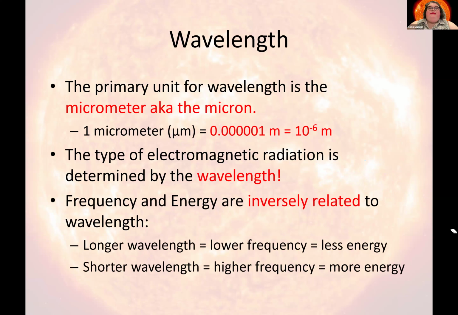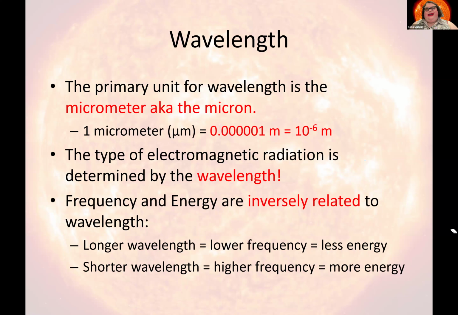And the type of electromagnetic radiation is determined by the wavelength. Some wavelengths are really, really, really long. Some wavelengths are really, really, really short. Each of those wavelengths behaves a different way. So, how many of you have ever heard an AM radio station before? If you're like me, I've listened to AM radio stations before.